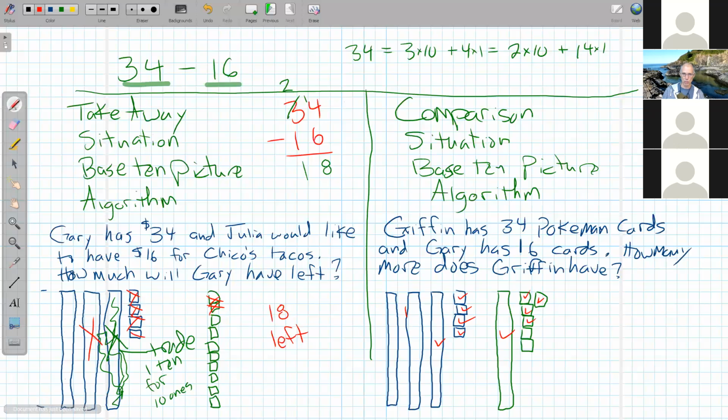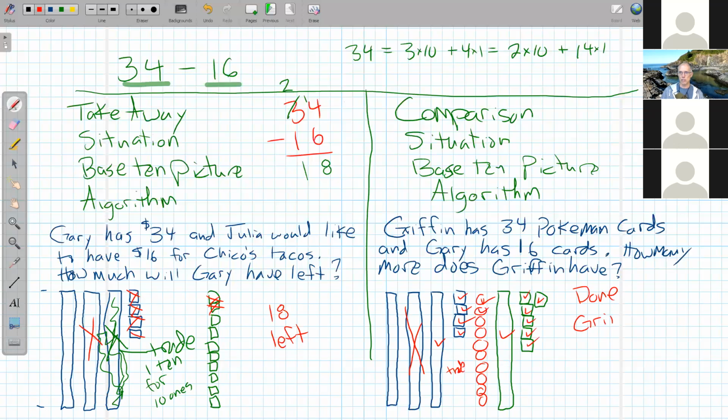So we have to cross this guy out and trade. And then I'm going to make them circles so they're easy to draw. 1, 2, 3, 4, 5, 6, 7, 8, 9, 10. Now I can keep comparing. This one compares to that one, and this one compares to that one. I'm done comparing.